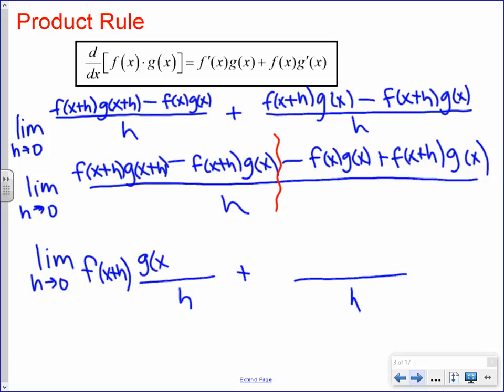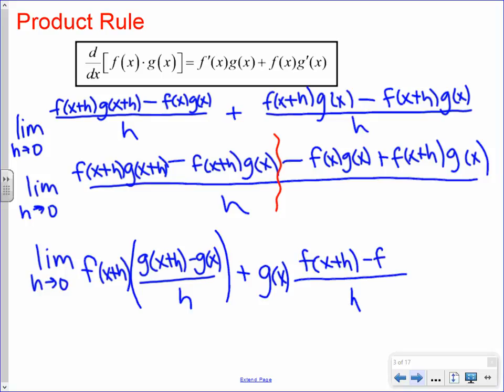Left over is g of x plus h minus g of x, over h. So we factored that out. This is what we're left with. Over here, anything in common? G of x is in common. Left over is, I'm going to rearrange these, f of x plus h minus f of x.